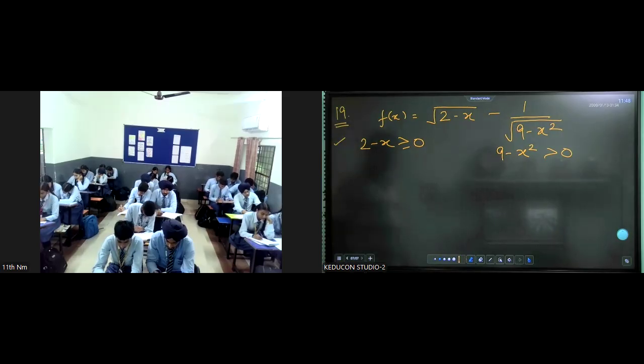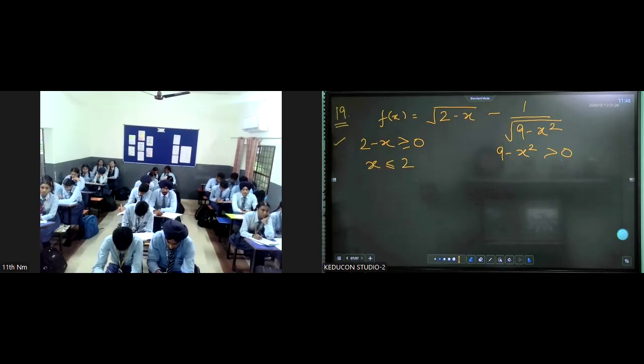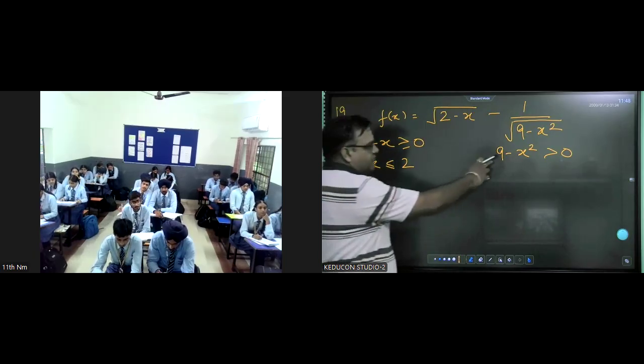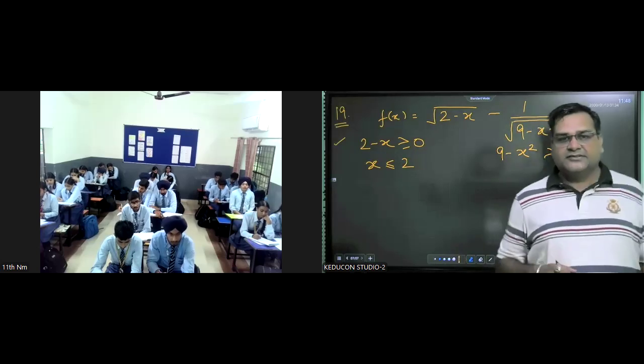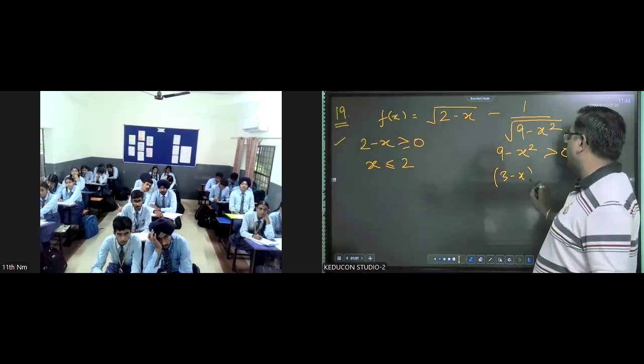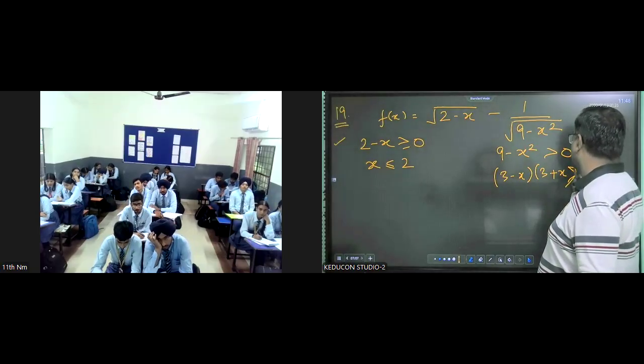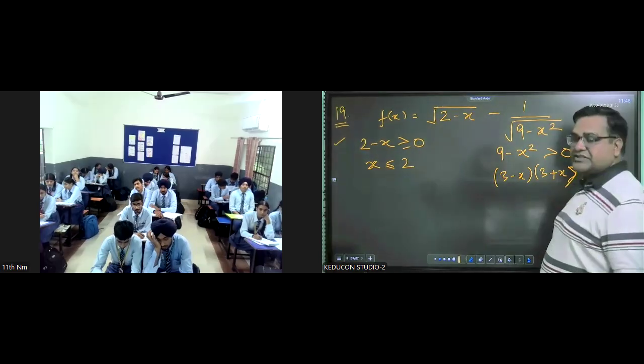Yes, students, tell me what is the solution of this inequality. x is less than or equal to 2. Yes, what is the solution of the other inequality? ये देखिए ना, सेम हो गया बच्चे, हमने अभी किया था थोड़ी देर पहले. क्या आएगा सॉल्यूशन इसका जी?